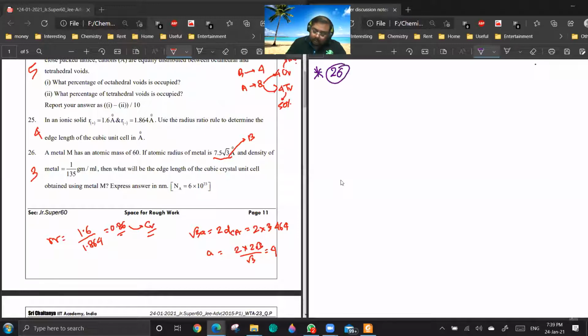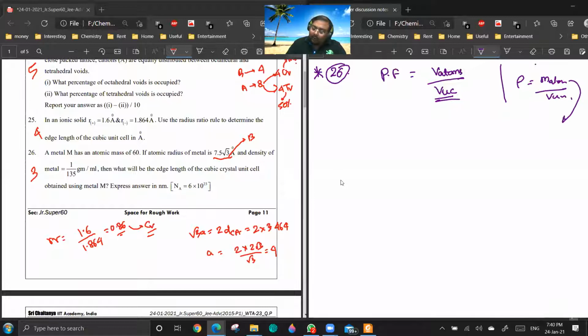So you see, what is there is that your density is given. So you see, what is packing fraction? It's basically volume of atoms by volume of unit cell. Yes or no? And density is also something like that only. Density gives you mass of atoms by volume of unit cell.